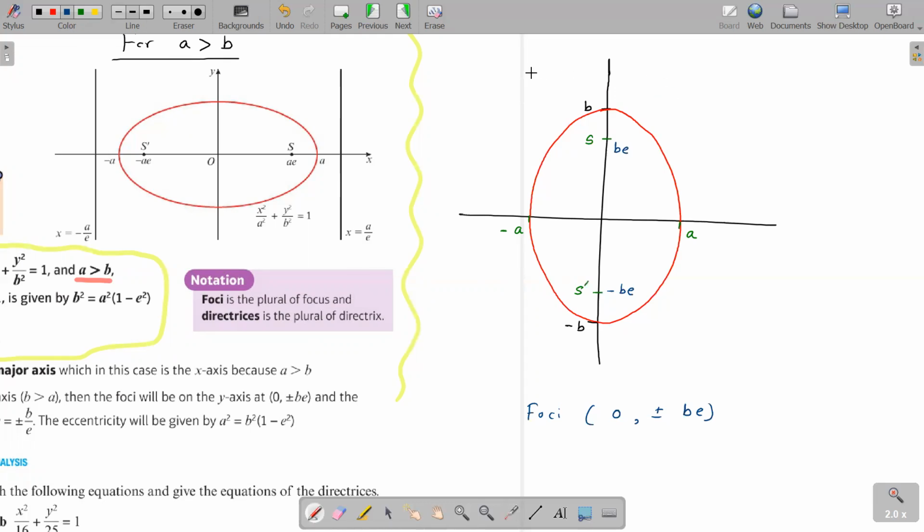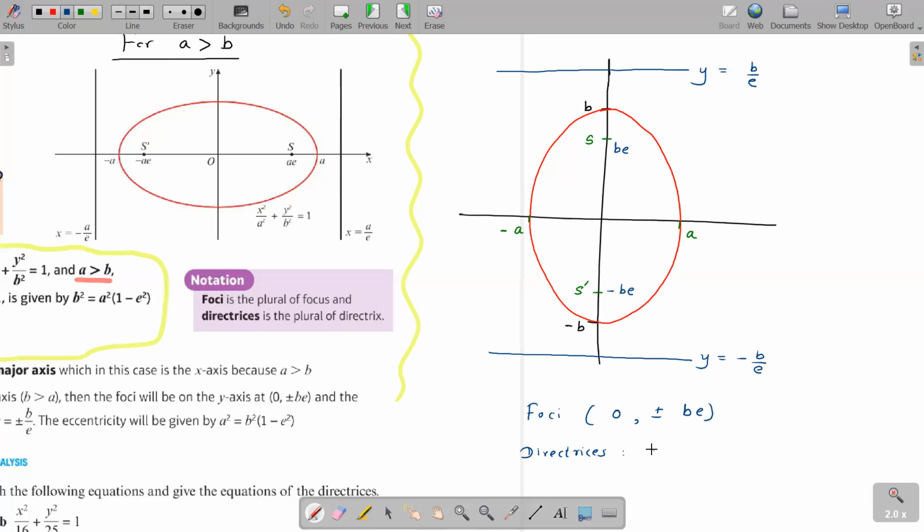So now your directrices look like this. y equals b over e, and the other directrix is y equals minus b over e. So these are the two directrices. One more important thing, you must write down the eccentricity equation as well.